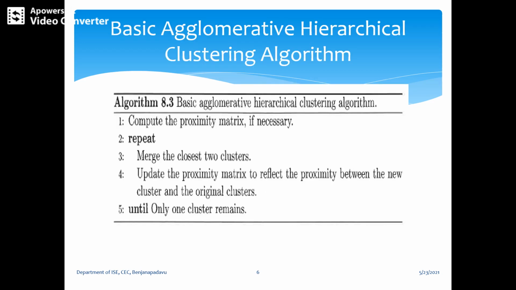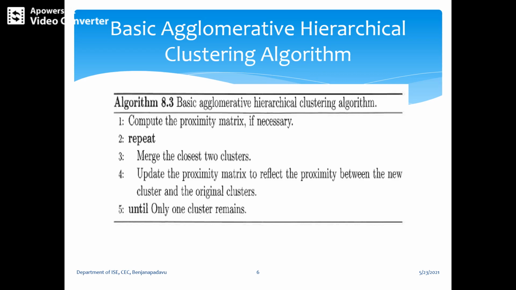This is called the basic agglomerative hierarchical clustering algorithm. There are five steps. The first step says to compute the proximity matrix if necessary. We will discuss next how the proximity between clusters, such as min, max, and group average, will be calculated.